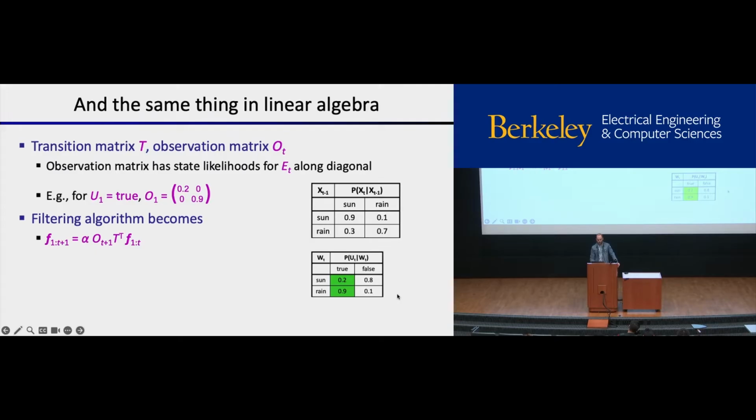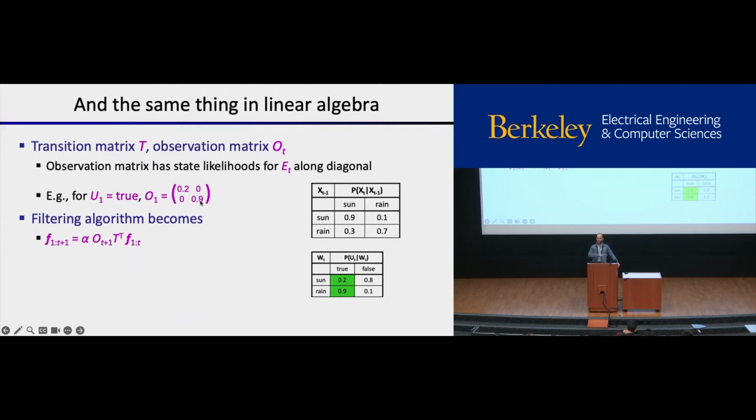So if we observe that the umbrella was seen, then we convert this column into this observation matrix. It's a little hard to think about what this matrix means. It's the relative probabilities assigned by the various states to the outcome you've actually observed.